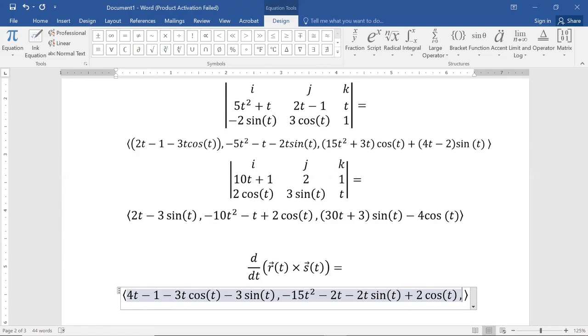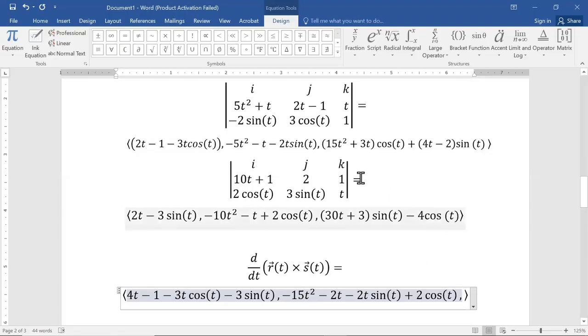And then lastly, I'll do my z component, which is going to be this z component plus this z component. This one we have something in front of cosine, something in front of sine. We can combine like terms there.